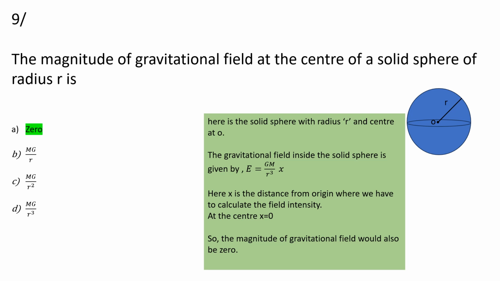Because in the question it has been asked at the center, at the center x would be equal to 0, and so the magnitude of the gravitational field would also be 0. So here the correct answer is 0.